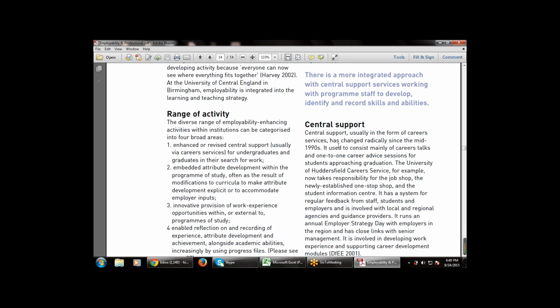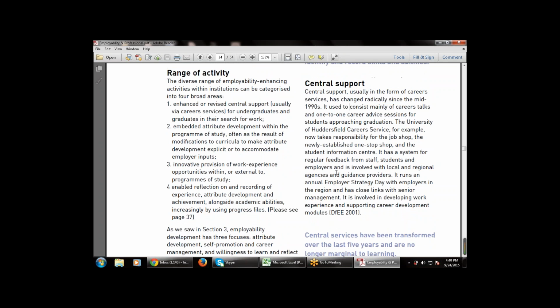It used to consist mainly of career talks and one-to-one career advice sessions for students approaching graduation. The University of Huddersfield Career Service, for example, now takes responsibility for the job shop and career development.